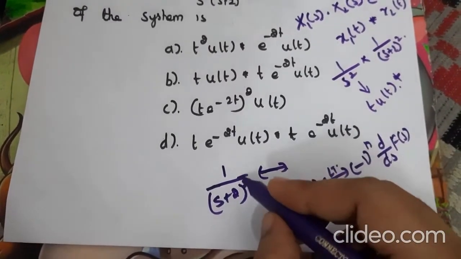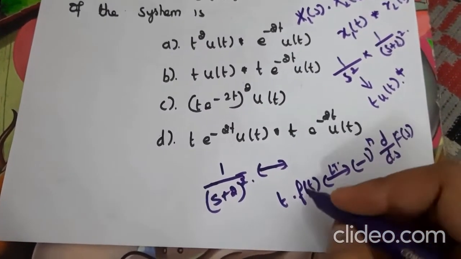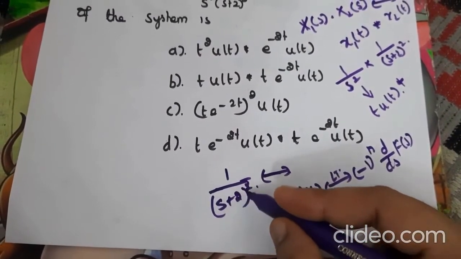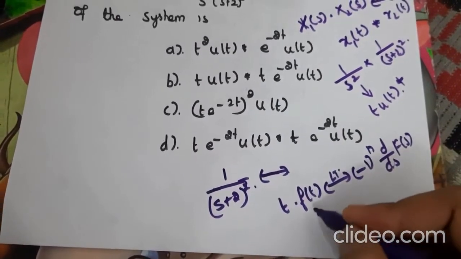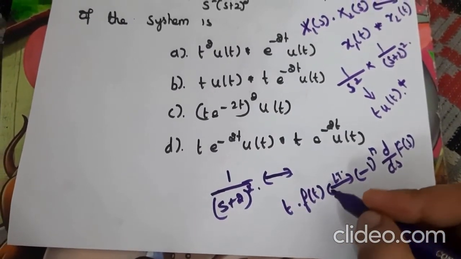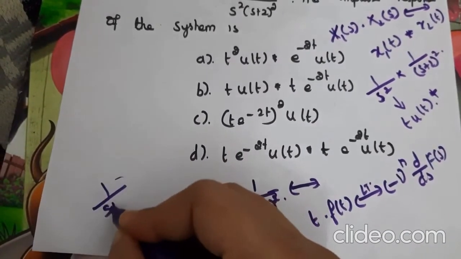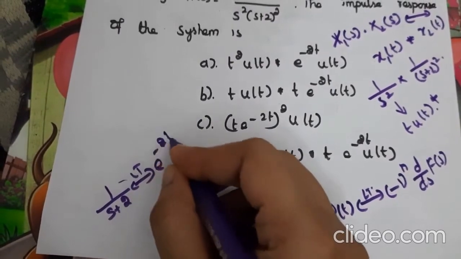So if you are considering this square or anything, you just try this property, and here s plus a. So 1 by s plus a is nothing but e power minus 2t. So if we put t into e to the power minus 2t, we will get the Laplace transform 1 divided by s plus 2, that is e power minus 2t.